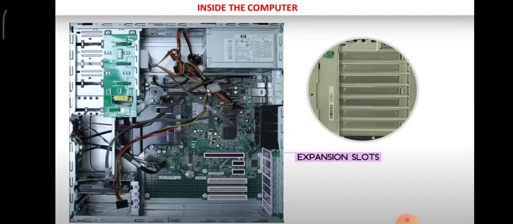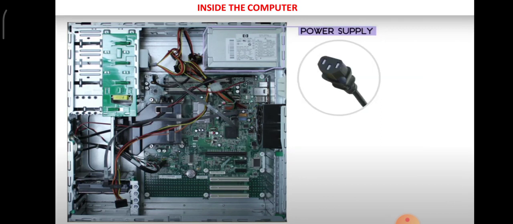Expansion slots. If you want to add more gadgets, you can add them in the expansion slots. You can remove that and you can add new. If you want to add a new printer or any other gadgets, you can add it in the expansion slots. Power supply, that is the main thing.